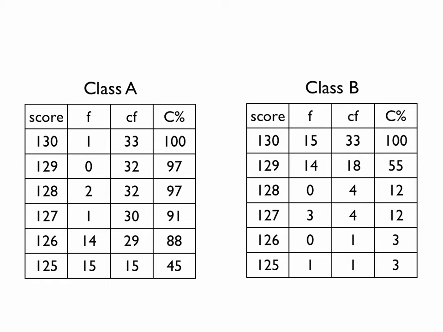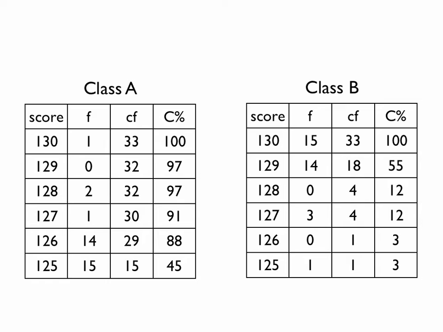So if the student who got 127 was in Class A, they did a great job because they're at the 91st percentile. 91% of scores are at that level or below. Whereas a score of 127 in Class B is not very good at all. It's the 12th percentile, where only 12% of scores are at 127 or below.